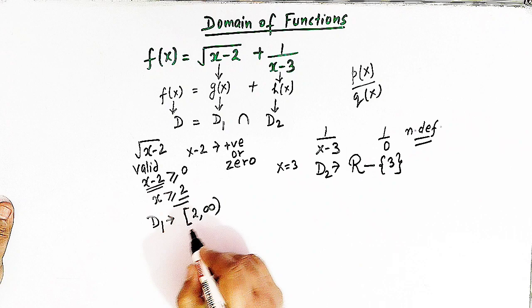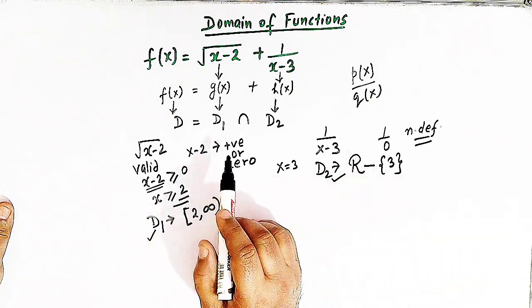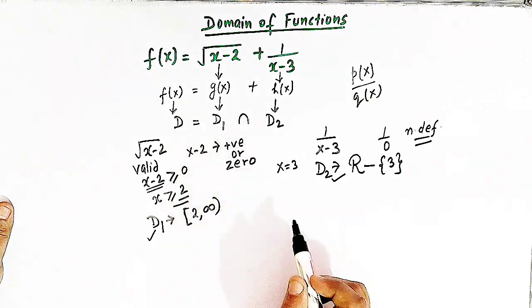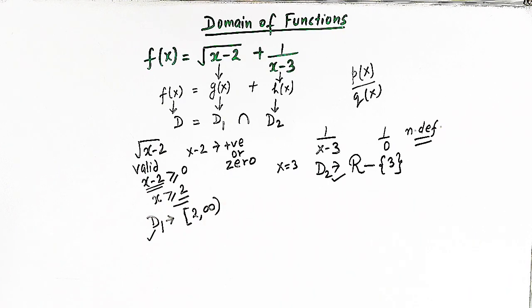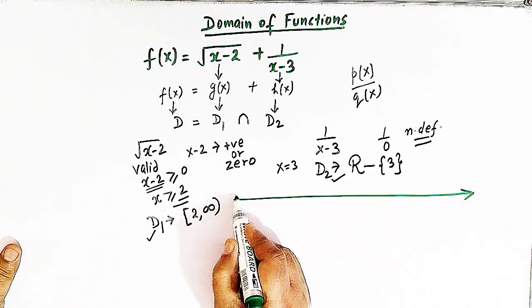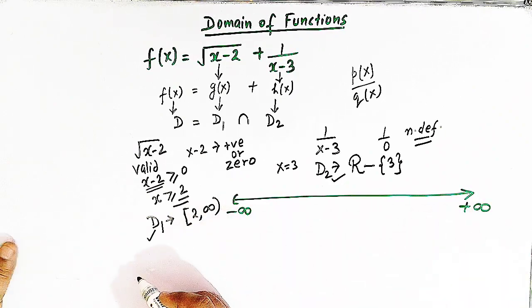So now we have obtained the domains d1 and d2. So let us find out the intersection of d1 and d2 by making use of the concept of a real number line. So here we have the real number line, and this is minus infinity, and here we have plus infinity, right?